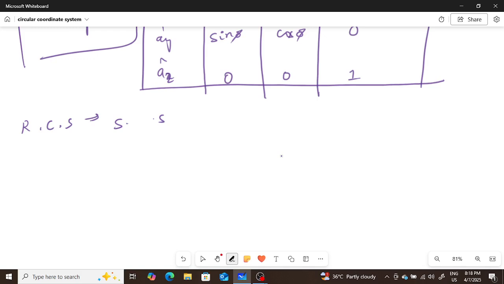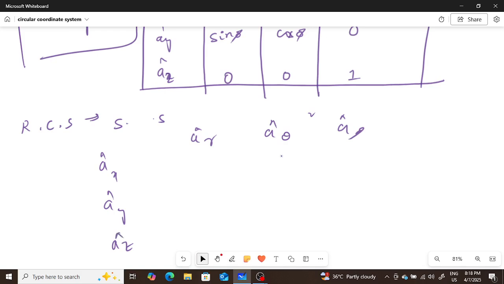So for the dot products, the coordinates are AX, AY, AZ, and here it is AR, A theta, A phi, these are unit vectors, which is very important so that you can easily understand.